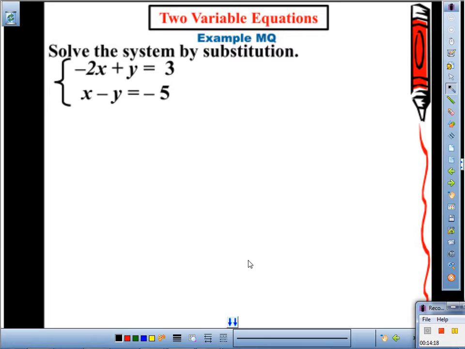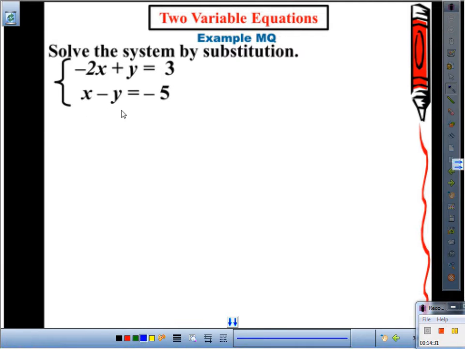Let's see, Roberto, get us started. Which equation did you start solving, the top one or the bottom one? The bottom one? Okay, for which variable? You left the x by itself?